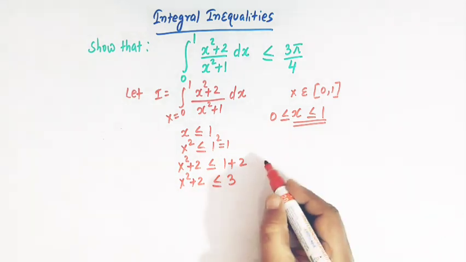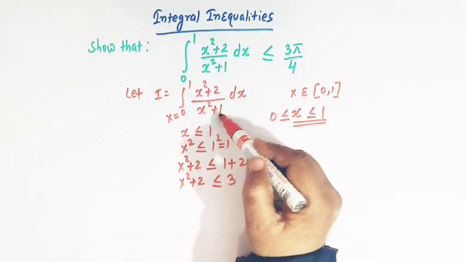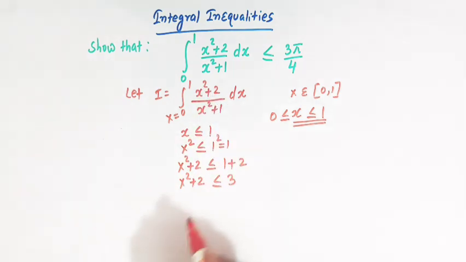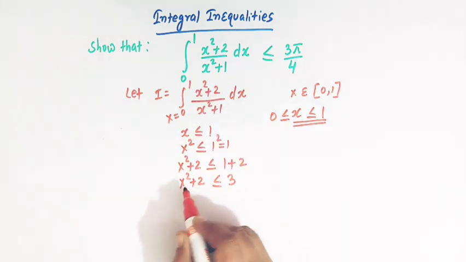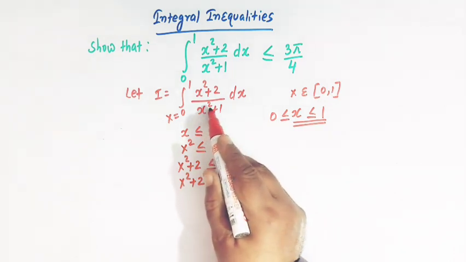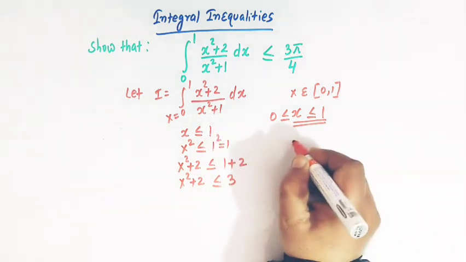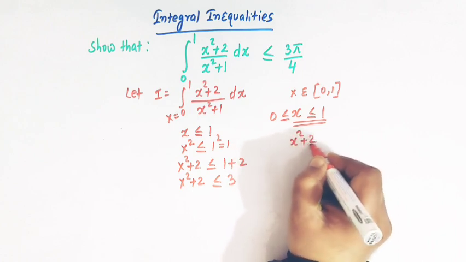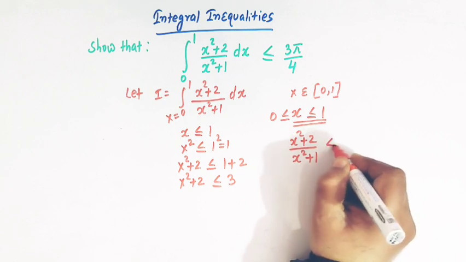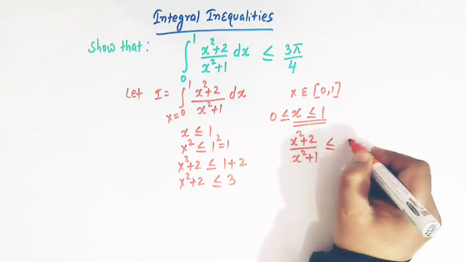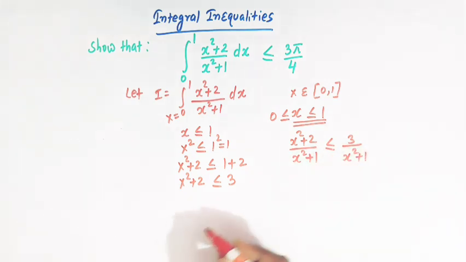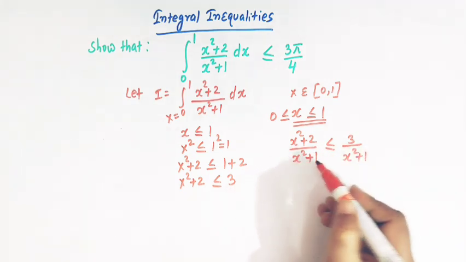Now see, we have x² + 1 in the denominator, so we'll divide both these sides by x² + 1. We'll get (x² + 2)/(x² + 1) less than or equal to 3/(x² + 1).